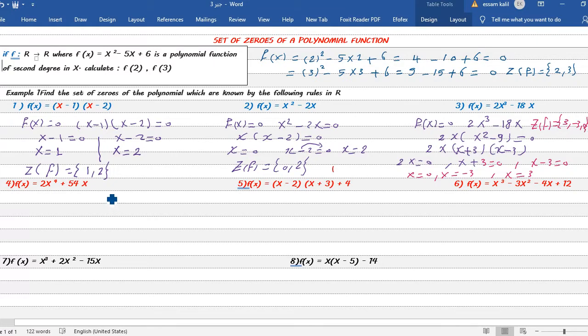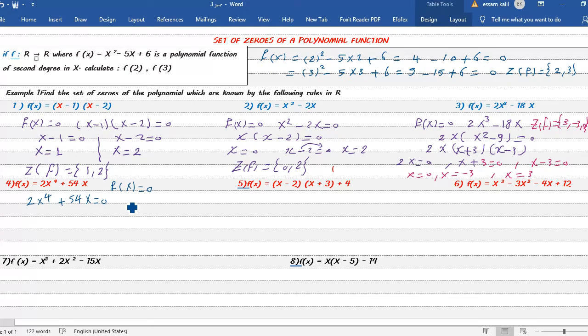Number 4, f of x equal 2x power 4 plus 54x. But f of x نضع f of x equal 0 يبقى then 2x power 4 plus 54x equal 0.